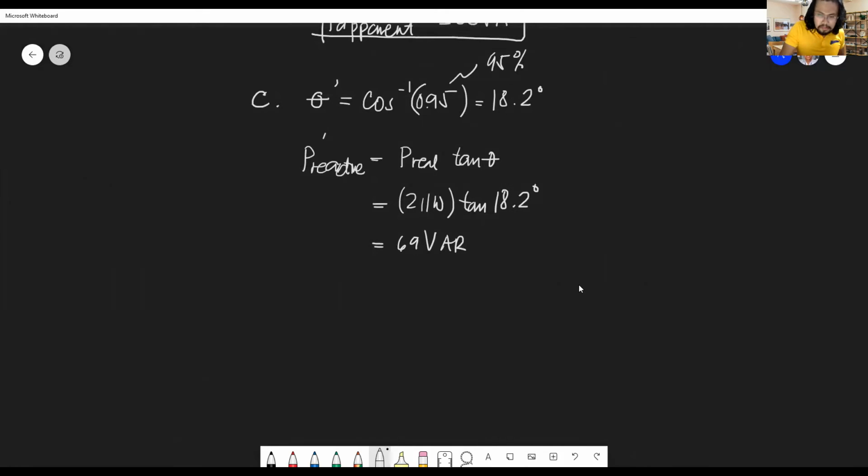To solve now for the P net, the difference between your original reactive power and the new one, we simply subtract. The P reactive net equals the P reactive original minus the P reactive prime. Sorry, we use the original reactive first, so we put that first.